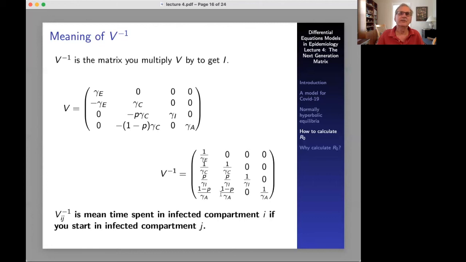What does V inverse mean? If you looked at these numbers for a little while, you could probably figure it out.